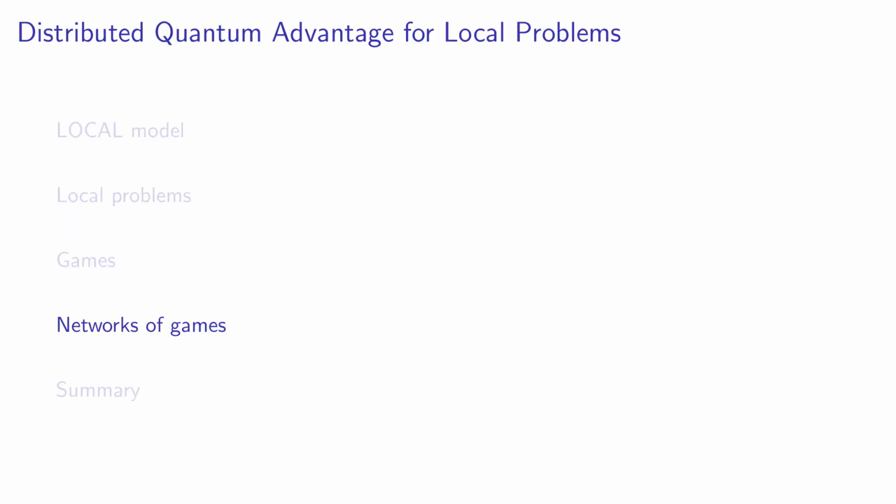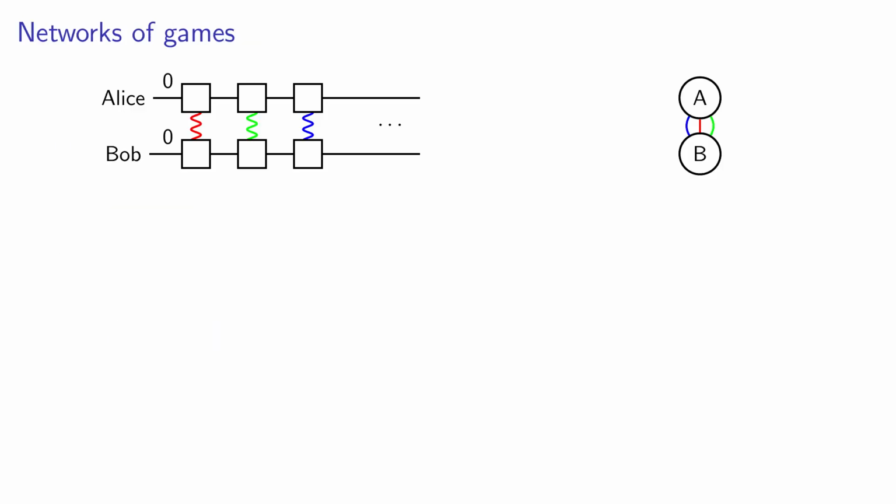So now I'm going to show you how we can assemble these elementary games into the problem of our interest, by showing you how we can combine these into networks of games. So the first idea is that we have Alice and Bob playing this game repeatedly. To classically play this game, you need to communicate, while in the superquantum world we have access to these magic boxes that play this game perfectly with no communication.